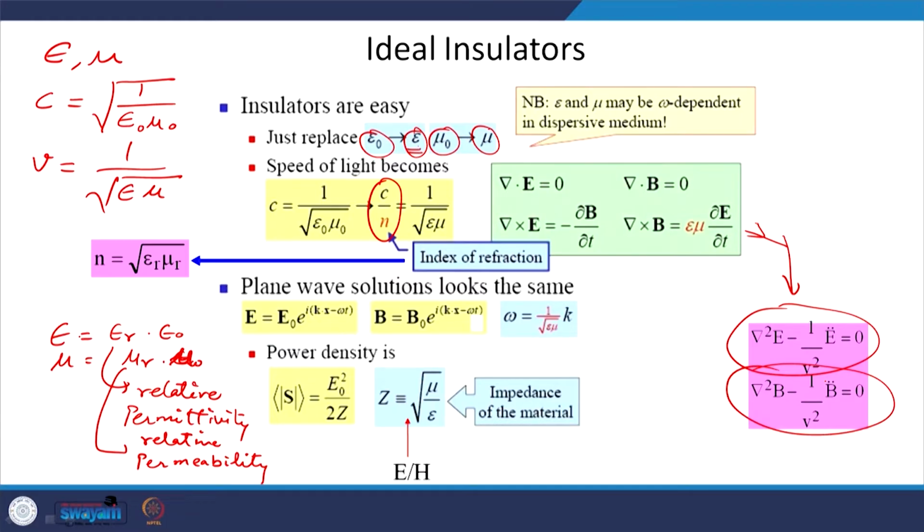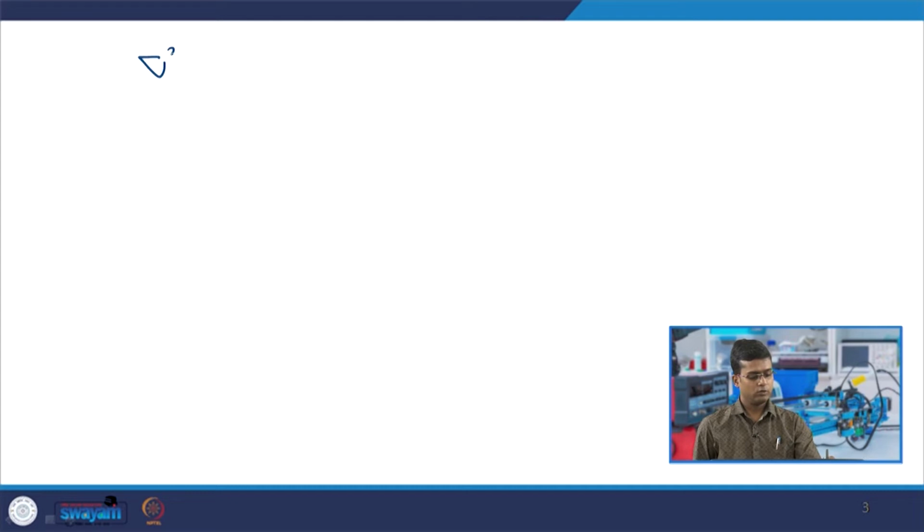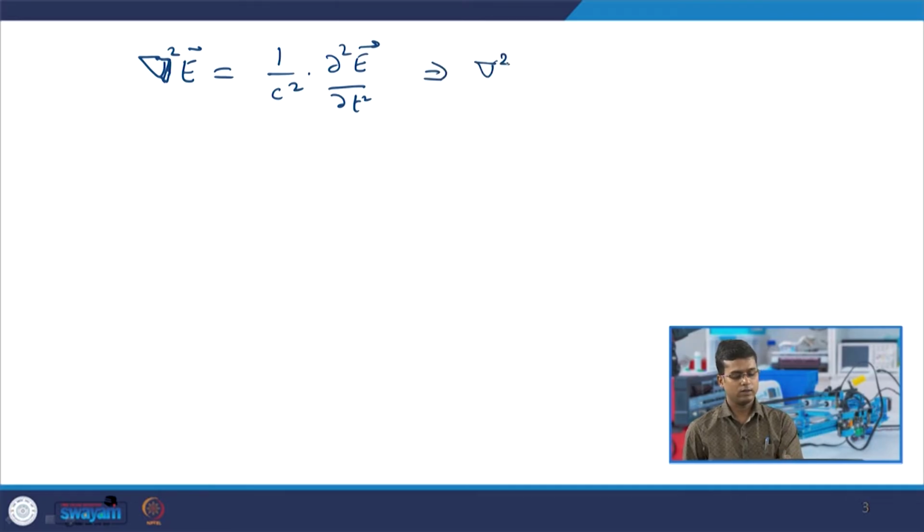I wrote it in a slightly different form, and that was del squared E is equal to 1 upon c squared into del squared E by del t squared. In the present case it will become 1 by V squared into E double dot.